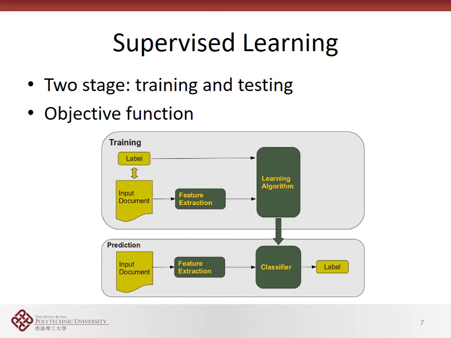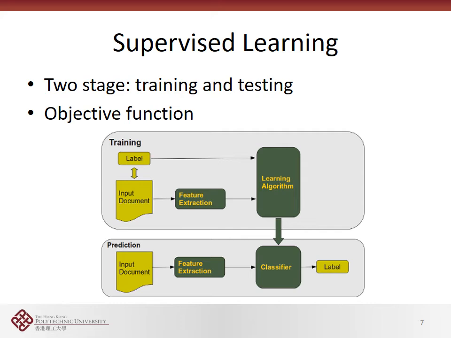The adjustable parameters in these models are usually called weights. In the training procedure, we continuously minimize the objective function to reduce this error, to make the classification results more and more accurate.